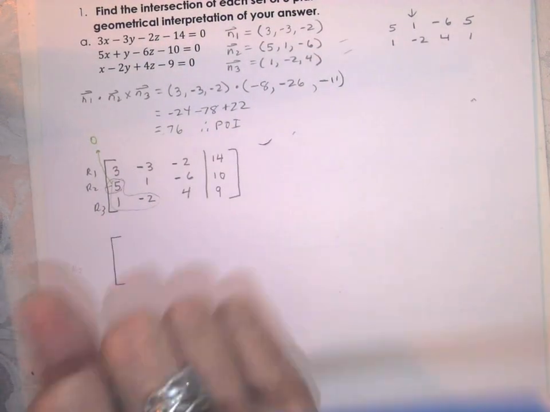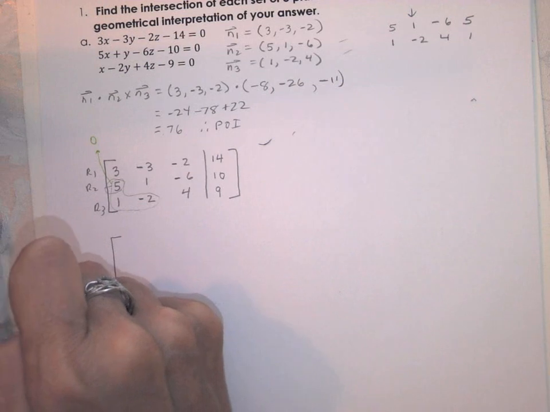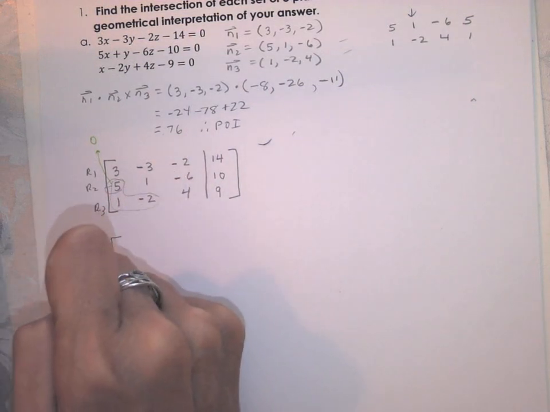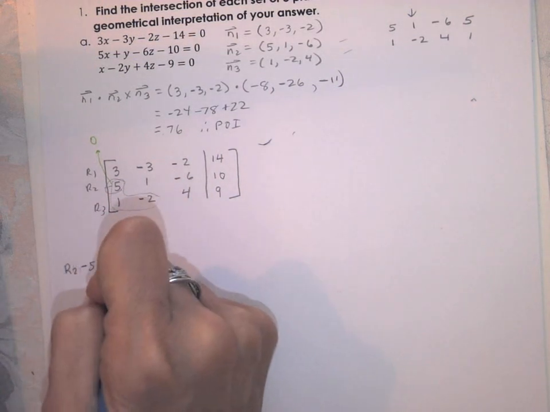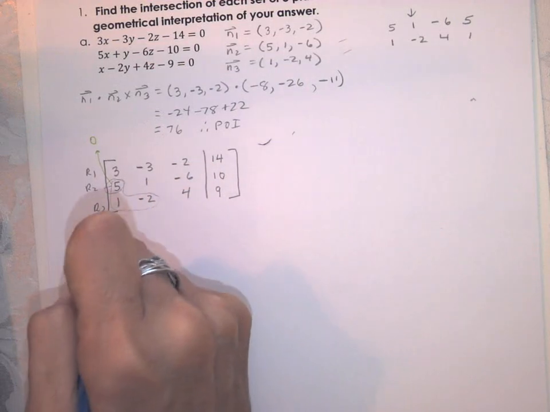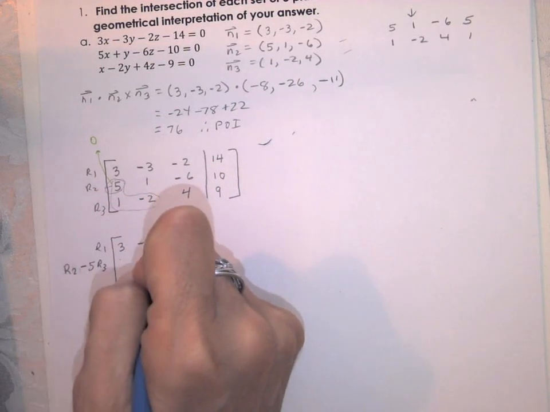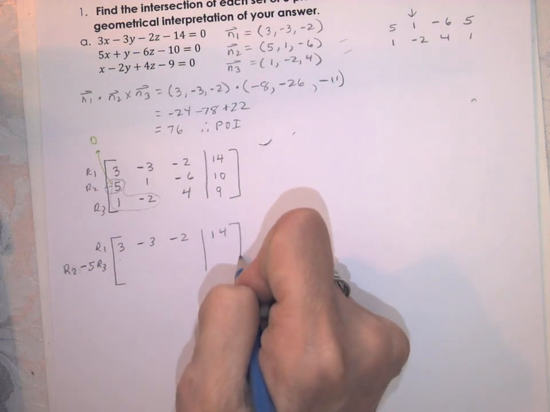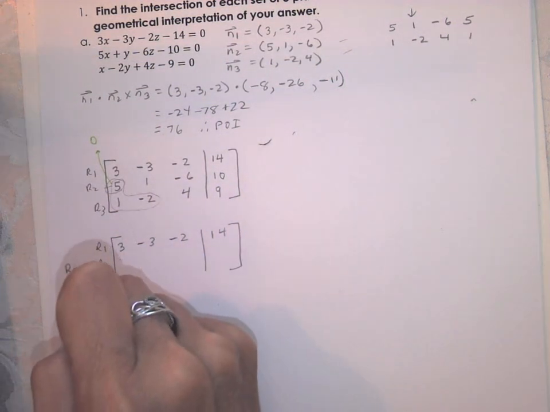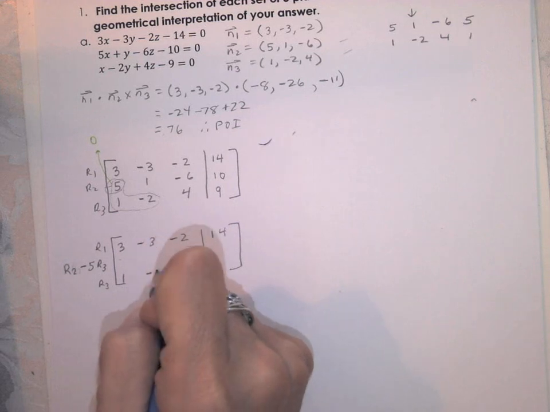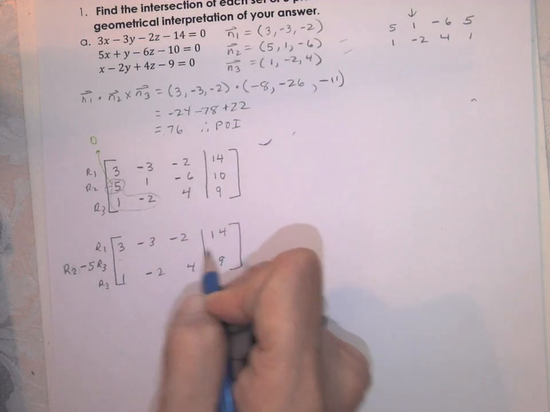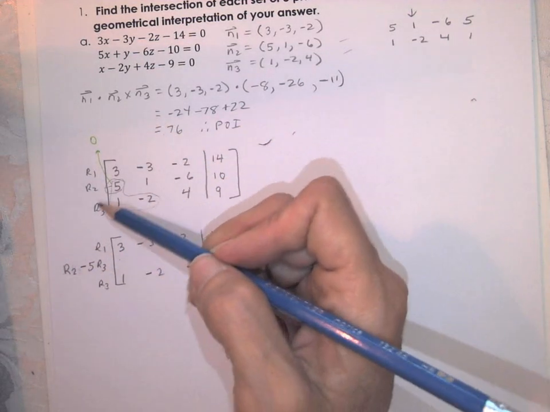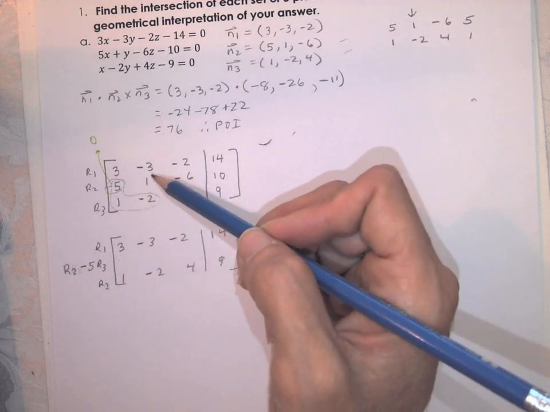My bad. 1 row 2 minus 5 row 3s. And that's going to give me a 0 in the spot that I want. So I'm going to keep the first row the same. Row 1 is going to be the same. And row 3 is going to be the same.